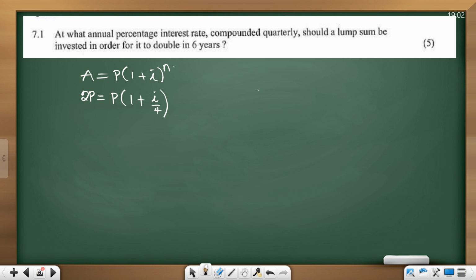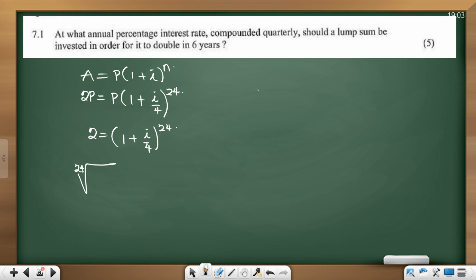And then what's my N? 24. If you divide both sides by P, what do I have? 2 equals 1 plus I over 4 to the 24. How do I get rid of this 24? The 24th root of 2, right? Do we agree? The 24th root of 2.